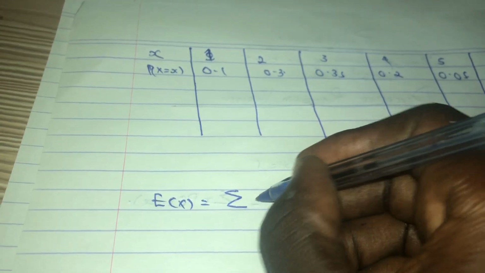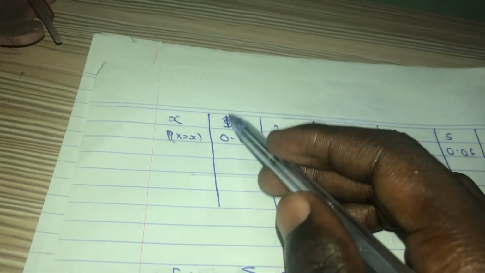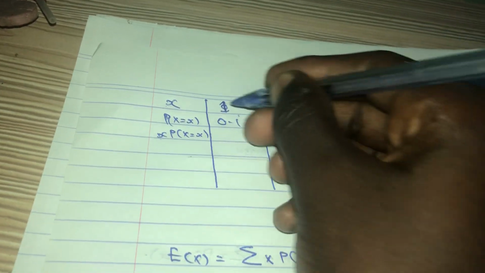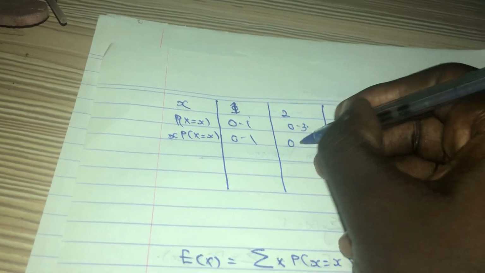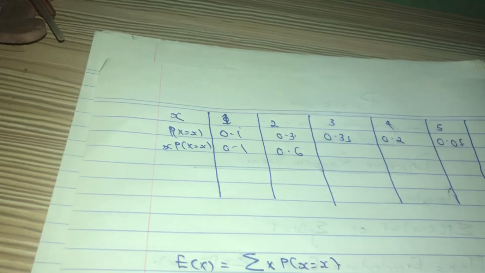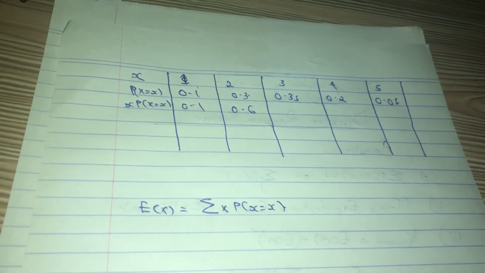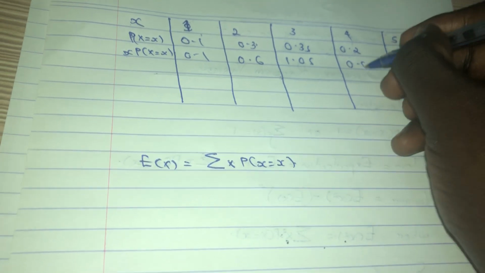To find our expectation, remember I said it's the summation of x times the probability of x. So we multiply x by the probability of x. 1 times 0.1 gives 0.1. 2 times 0.3 gives 0.6. 3 times 0.35 gives 1.05. 4 times 0.2 gives 0.8.